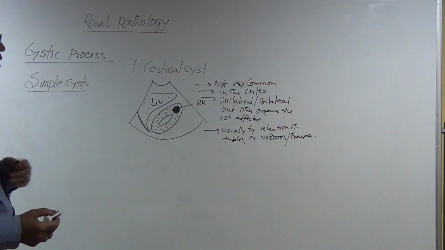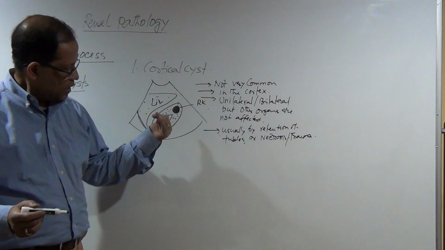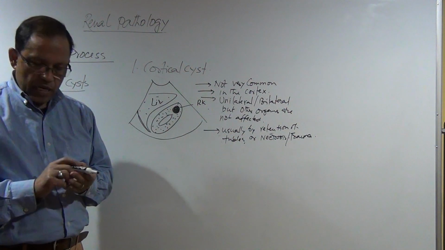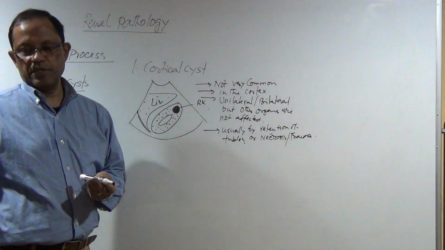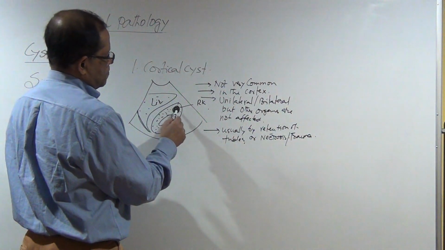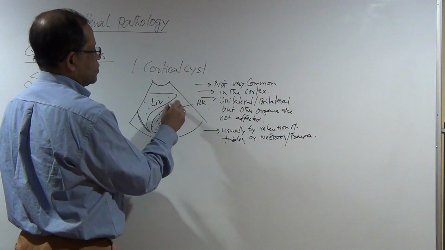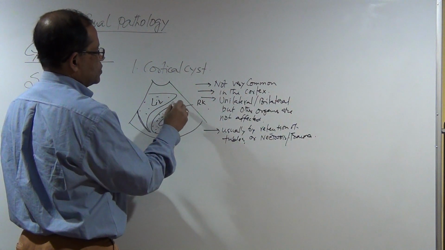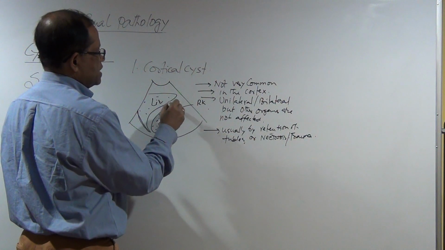Okay? And you don't need to be worried, because you can follow up. If it grows, it grows very slowly. Sometimes if it is very big, it is moving towards the renal capsule, right?